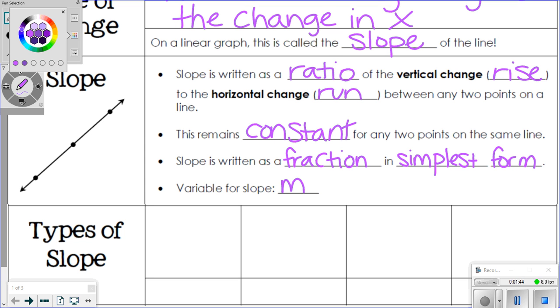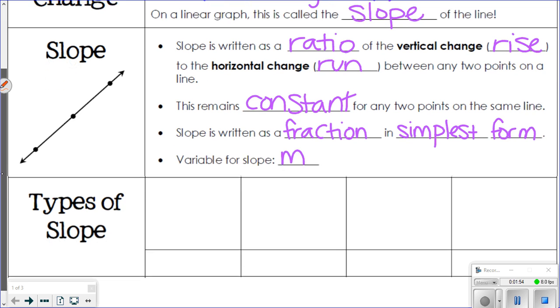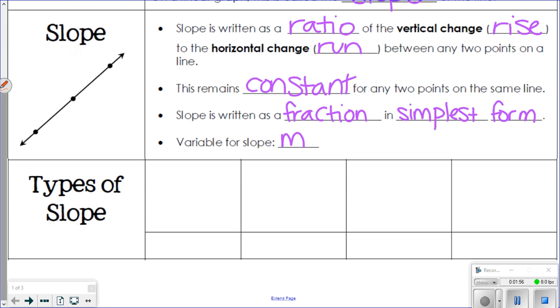All right, let's get into the 4 types of slope here. This is a positive slope.